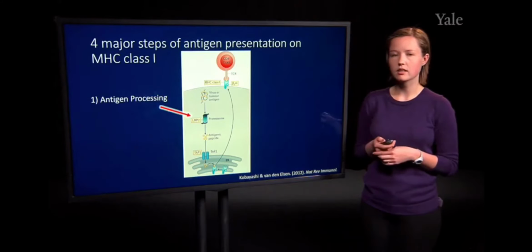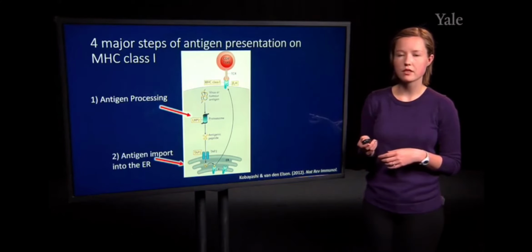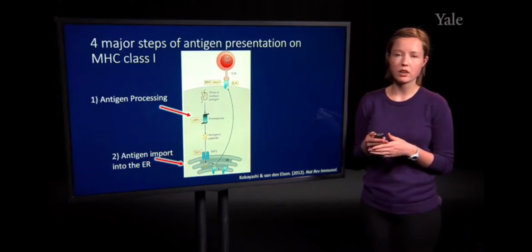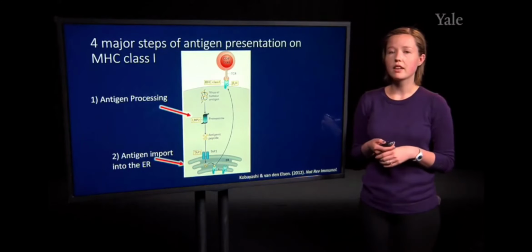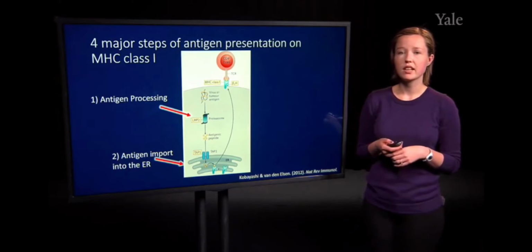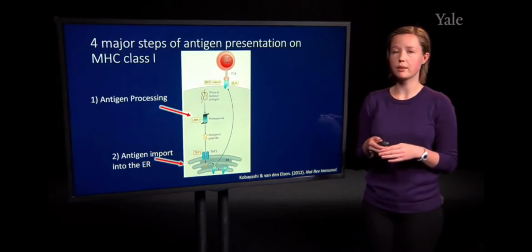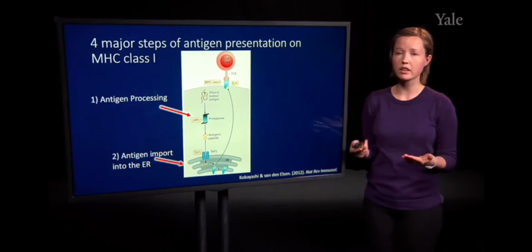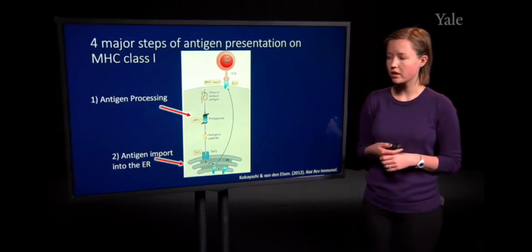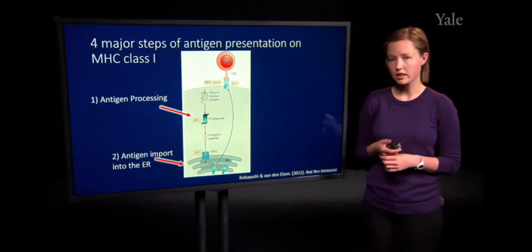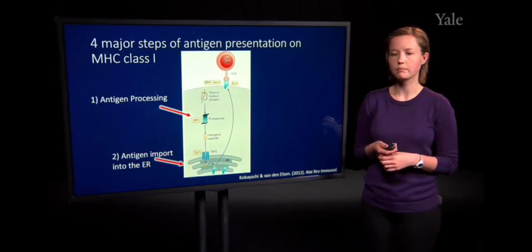After this, these peptides are transported into the ER by the TAP transporter proteins, and this is necessary because at first they were in the cytosol, but they need to be able to interact with MHC class 1 before MHC class 1 export, which all happens in the context of the endoplasmic reticulum.